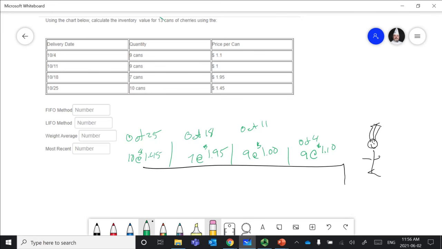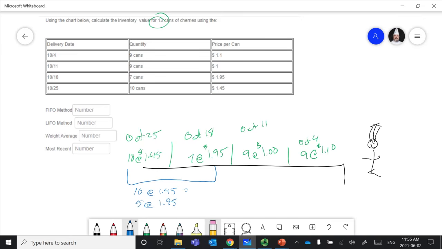And we're trying to find the value of 15 cans. So using first in, first out, where are those 15 cans going to come from? Well, they're going to be the actual ones that are left, right? We're going to use up all the ones that are closest to our chef here. So what's left is going to be 15 cans from here. We're going to have 10 at $1.45, and then 5 from this next order at $1.95.